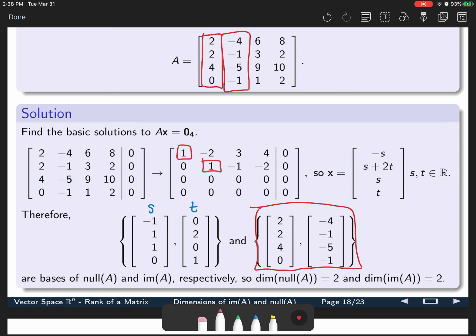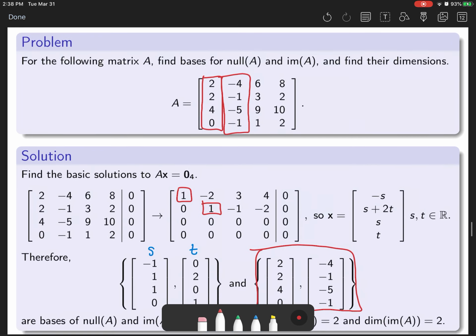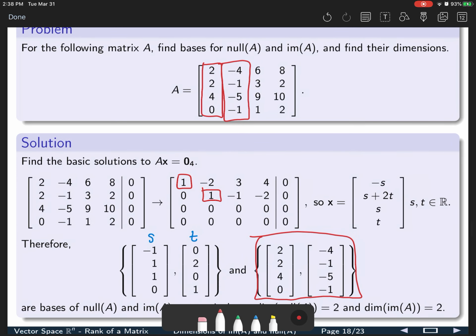So we have a two-dimensional null space and a two-dimensional column space here. Geometrically, this is a transformation on four-dimensional space onto four-dimensional space because we have a 4x4 matrix initially. When it says that we have a two-dimensional null space, that means that we have two dimensions of squishiness.